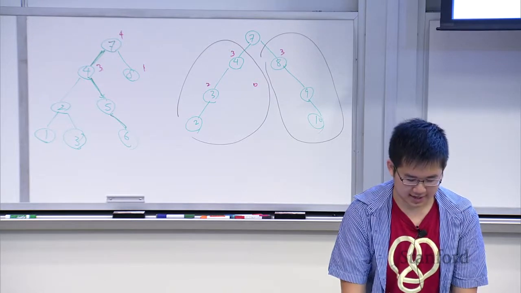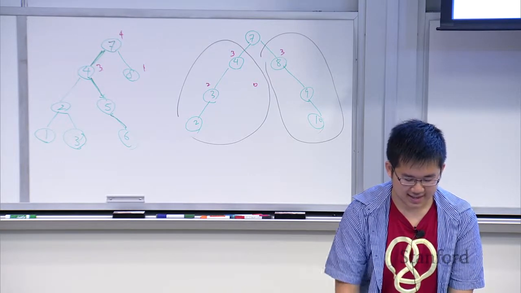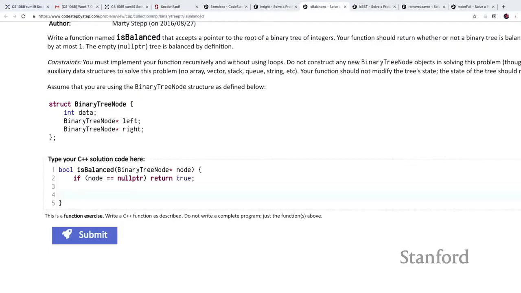Yeah. I think it's technically balanced. And then if it's not a null pointer, then how do we check if it is balanced? Yeah. You call it recursively, so is balanced node points to left children.